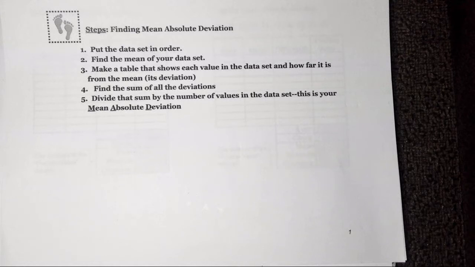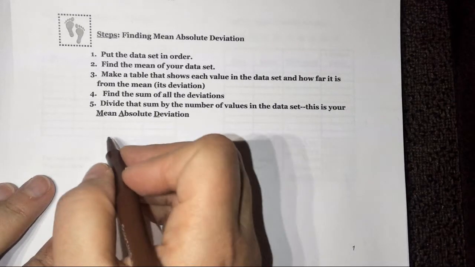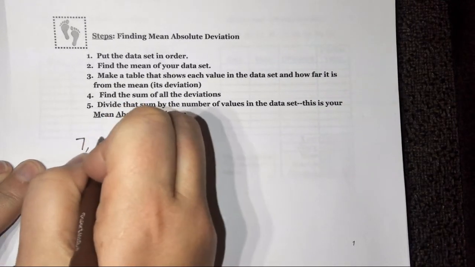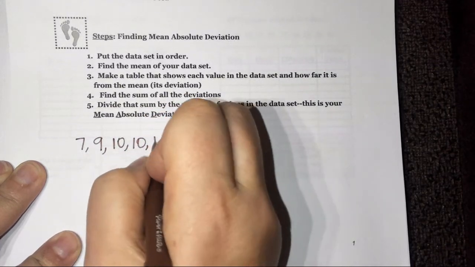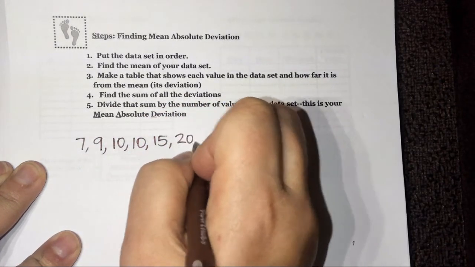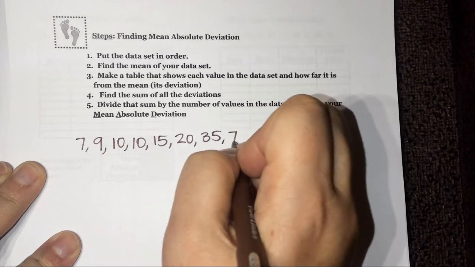I'm going to go ahead and give you a set of numbers, and I'm going to list them for you in order, okay? So here, today we're going to use 7, 9, 10, 10, 15, 20, 35, and 70.